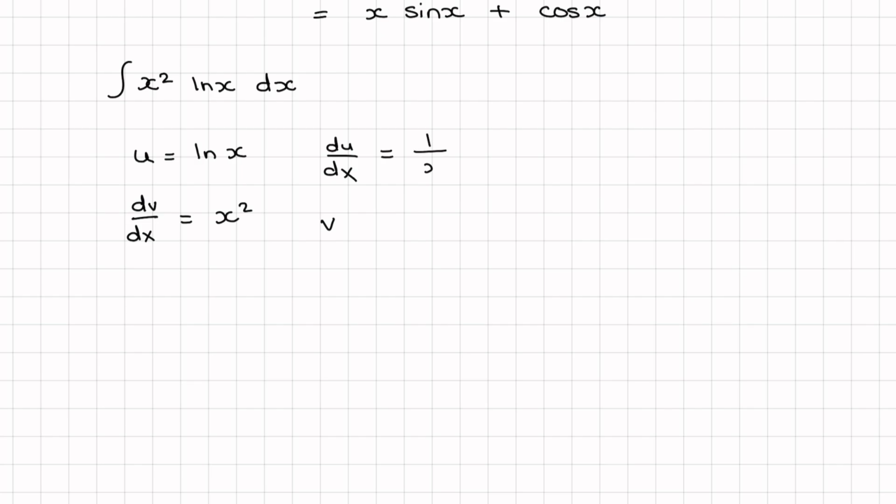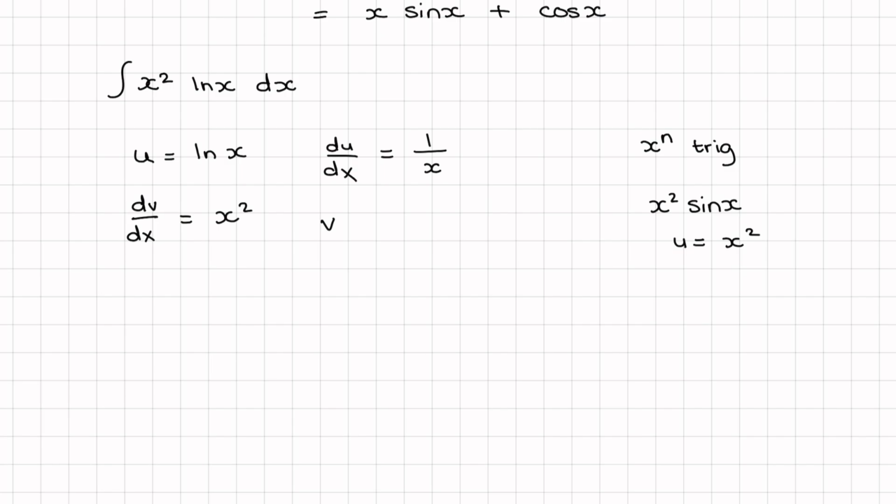It's just 1 over x. If our expression has something like x to the n times a trig function, for example, like x squared times sine x, then we choose u as x squared.